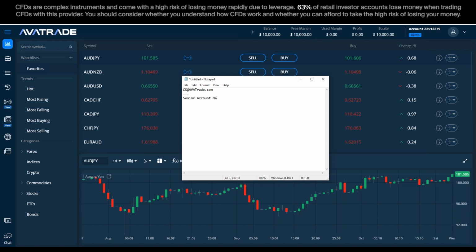Regarding the trading aspects, we can assign a senior account manager that can give you assistance on that side. So everything's basically related to trading, from analysis, calculations, risk and money management, just learning how to trade in general.